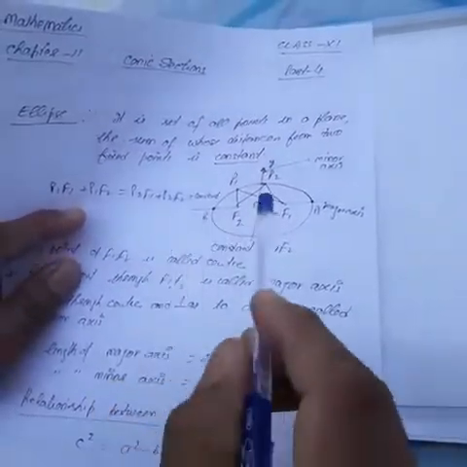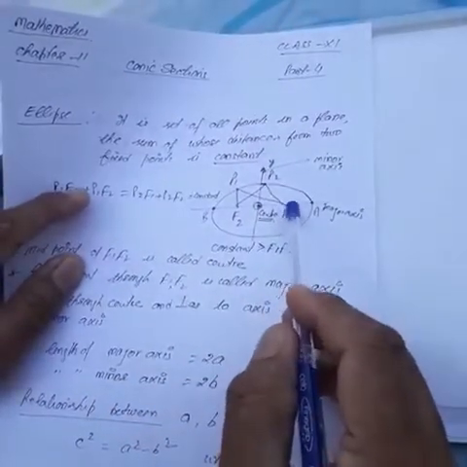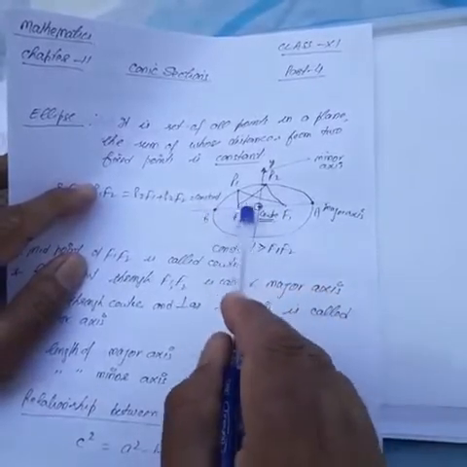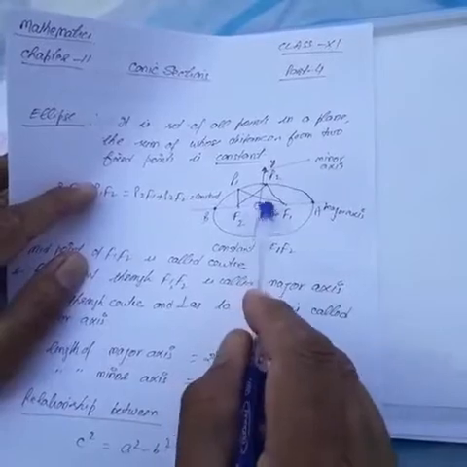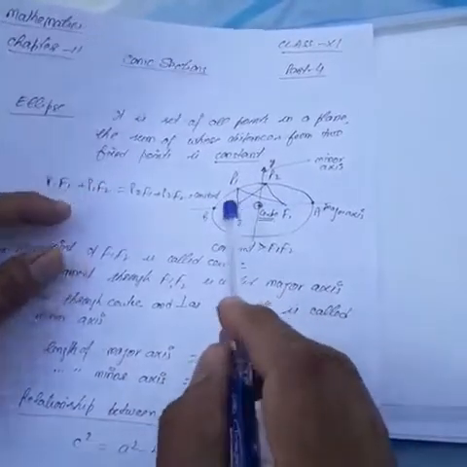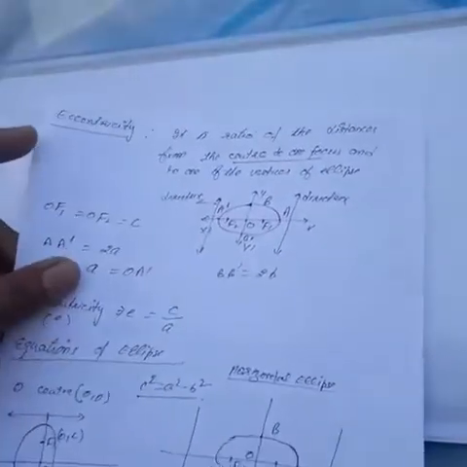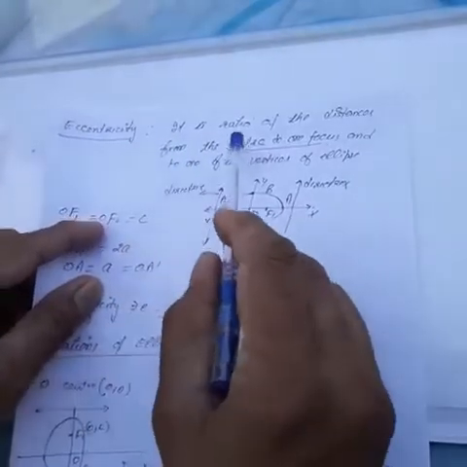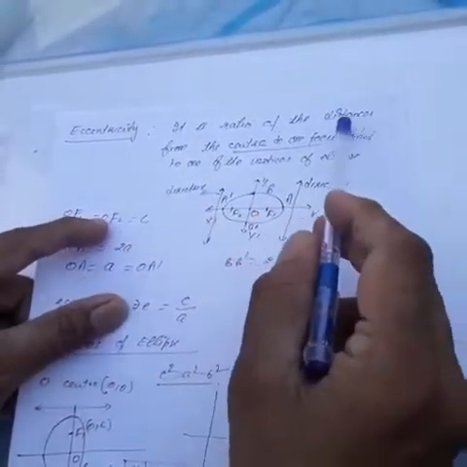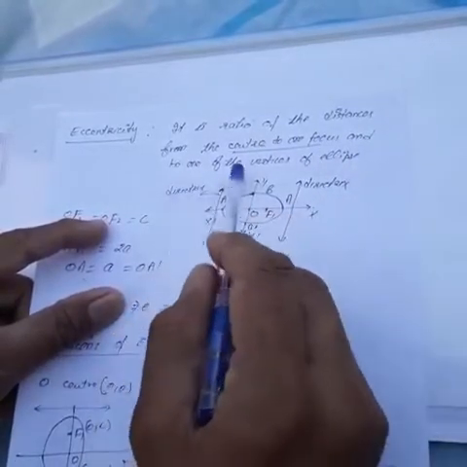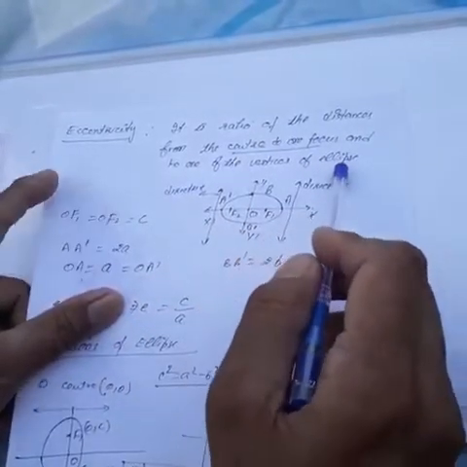So it means the foci are (c, 0) and (-c, 0). This distance is the same, so this is c and this is also c. It is on the positive side and on the negative side. Now consider what is eccentricity. Eccentricity of an ellipse is the ratio of the distance from the center to one of the foci and to one of the vertices of the ellipse.